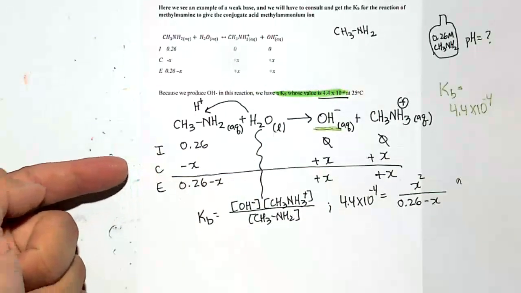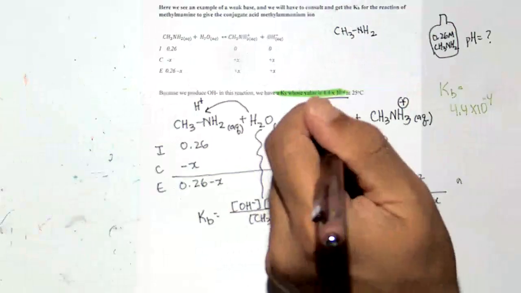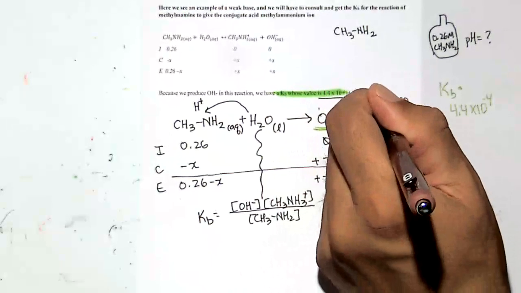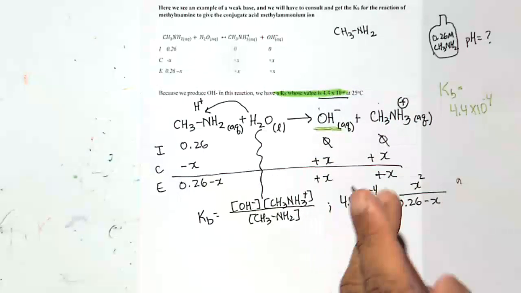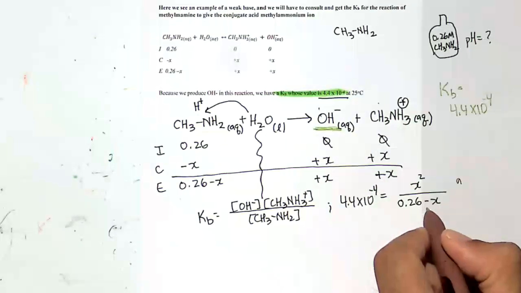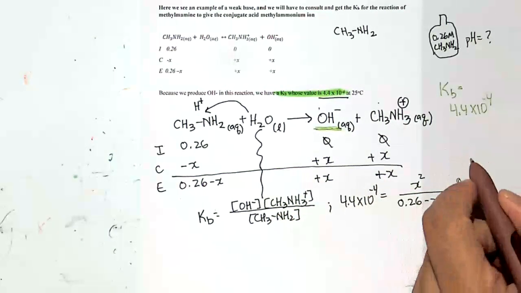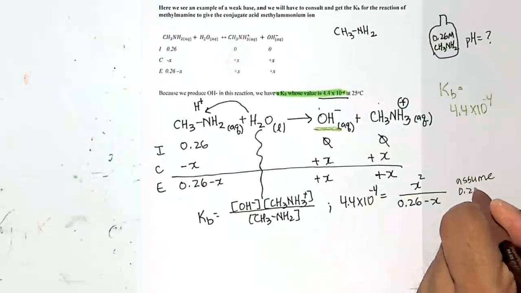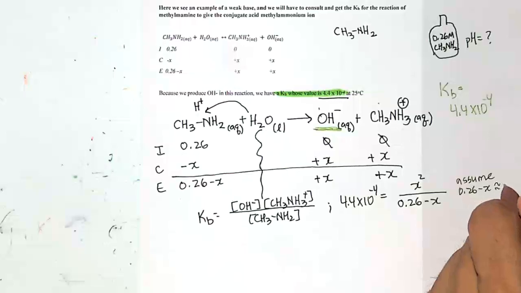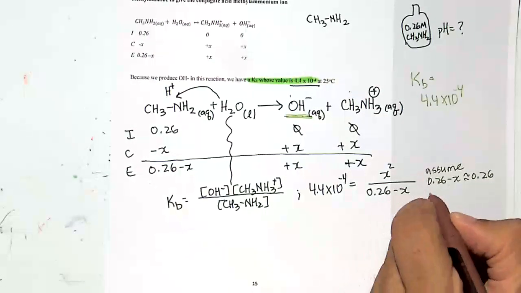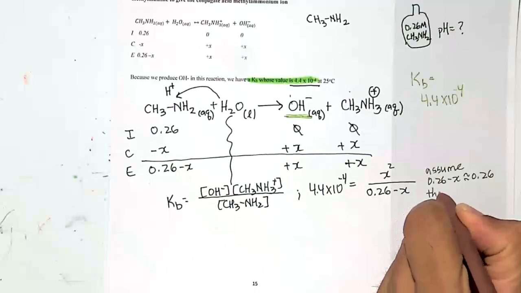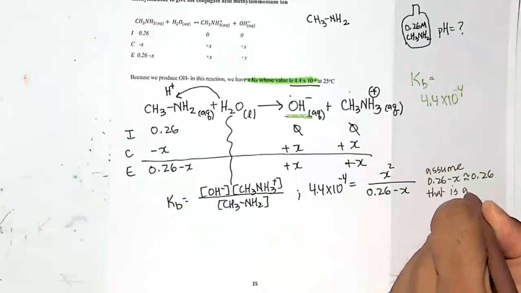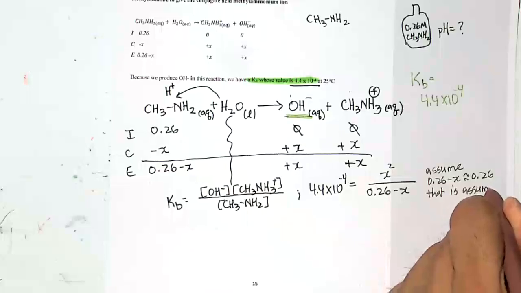That is, the amount of the reaction going this way to give us OH minus and CH3NH3 plus is significantly small, such that 0.26 minus x is essentially 0.26. That is, assume x is small.